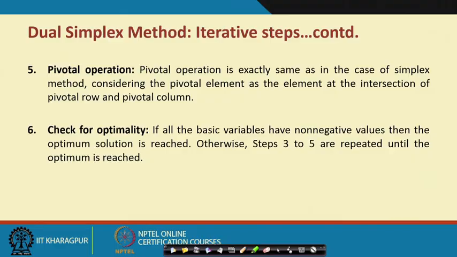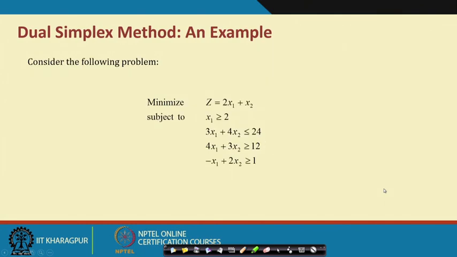Check for optimality: if all the basic variables have non-negative values, then the optimum solution is reached. Otherwise, we continue from step 3 to step 5 and repeat the process until you reach the optimum solution, or an indication of unboundedness, an infeasible solution, or multiple solutions.